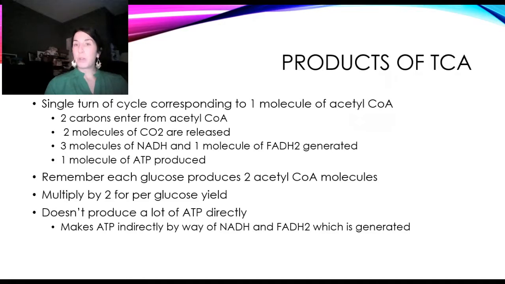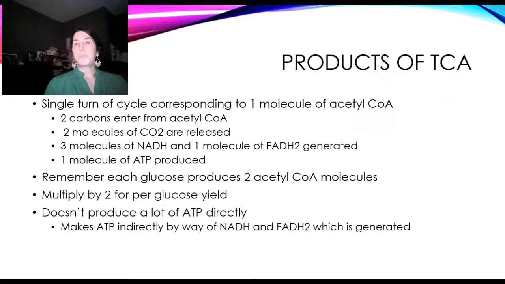We get 3 molecules of NADH and 1 molecule of FADH2. And we get 1 ATP. But you've got to remember that glucose ultimately produces 2 acetyl-CoA. So multiply all those by 2.